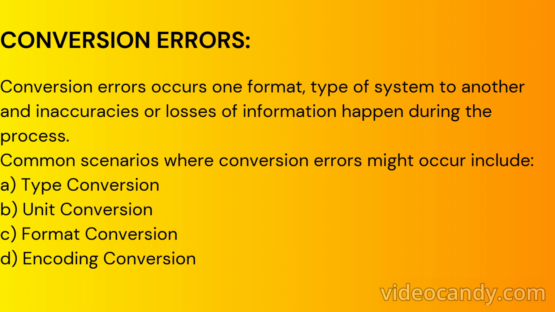Conversion error occurs when converting from one format or system to another, and inaccuracies or loss of information happen during the process. Common scenarios include type conversion, unit conversion, format conversion, and encoding conversion.